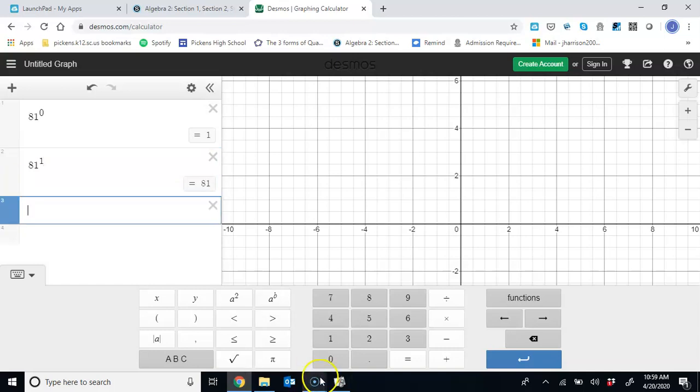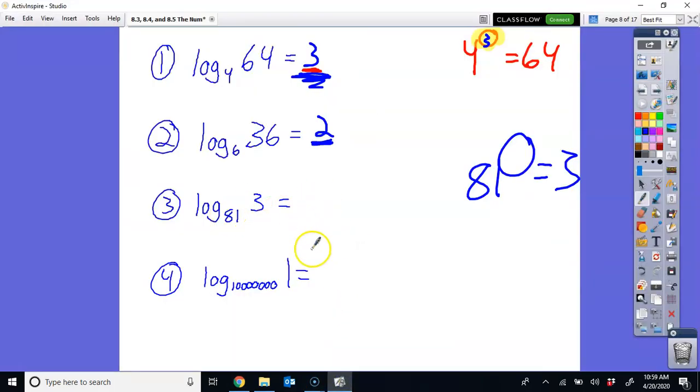That's where those fraction things come into play like we did in the last chapter. And this one's actually a little easier than you think it is, but it's 81 raised to the 1/4 power. How do you know that, Mr. Harrison? Because the 1/4 power is the same thing as the 4th root of 81, which is 3.